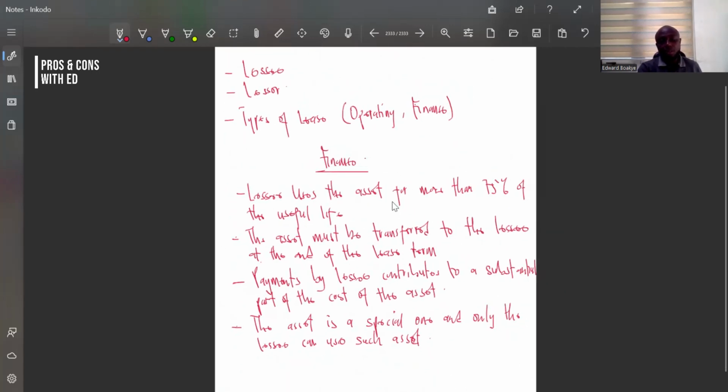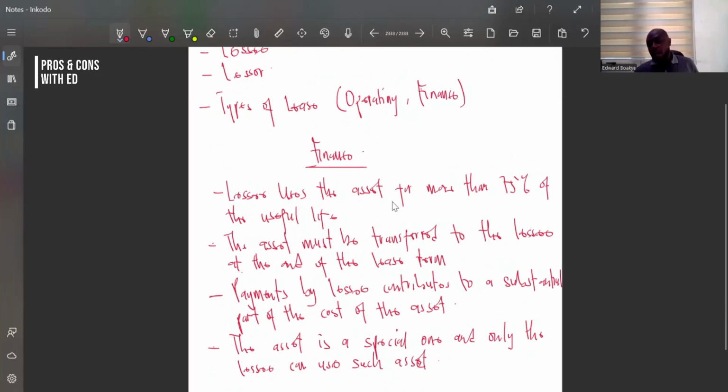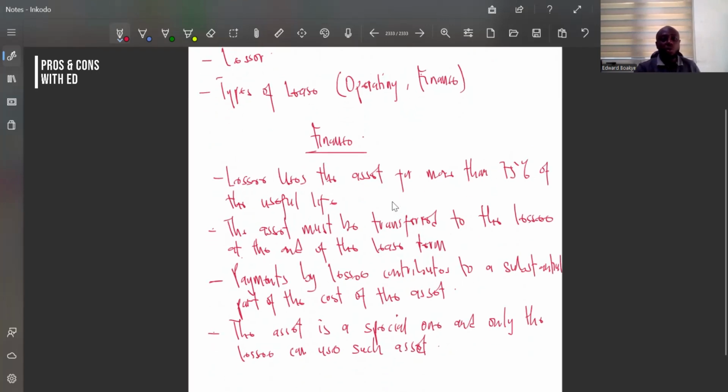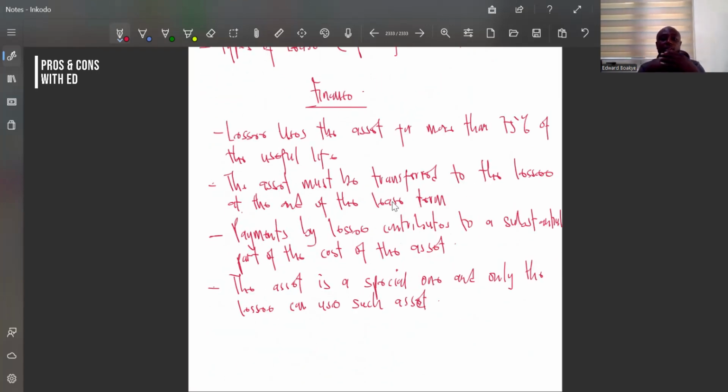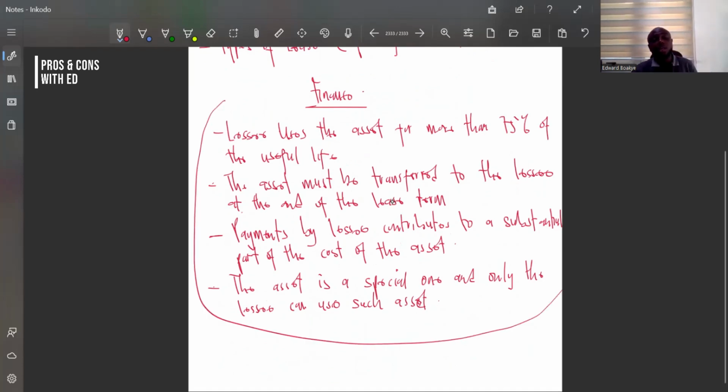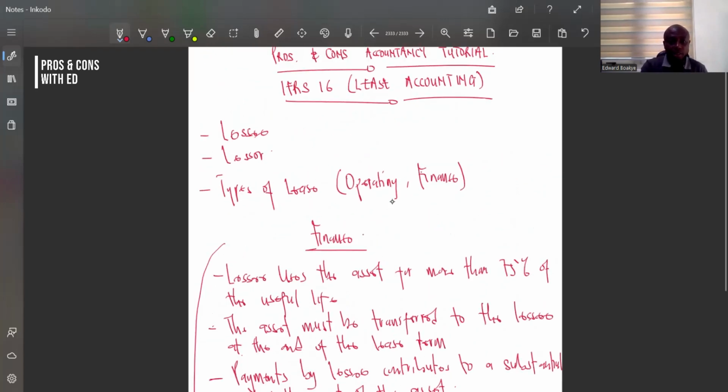Now, how are we going to recognize the payments that the lessee is going to make to the lessor? From what we've seen, if you have a lease agreement which has all these things, it tells you that the lease agreement is a finance lease, but not an operating lease.